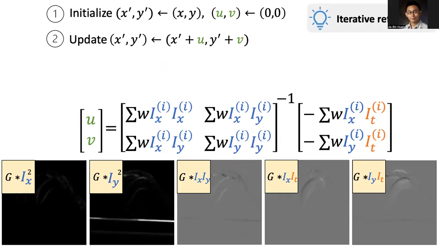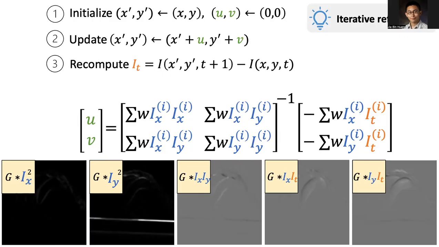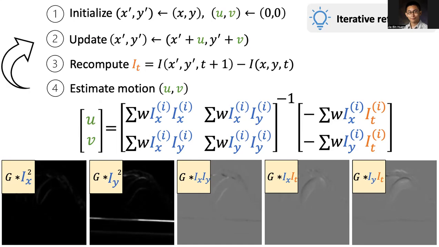Then you update this and compute the temporal gradient, and then you solve for the UV. Once you have a new UV, you know that the point is actually moving in a certain direction. Then you update the IT. You can see that the only thing that depends on U and V is the IT, the temporal gradient. Then you solve for the new UV again. So you just iteratively solve this.